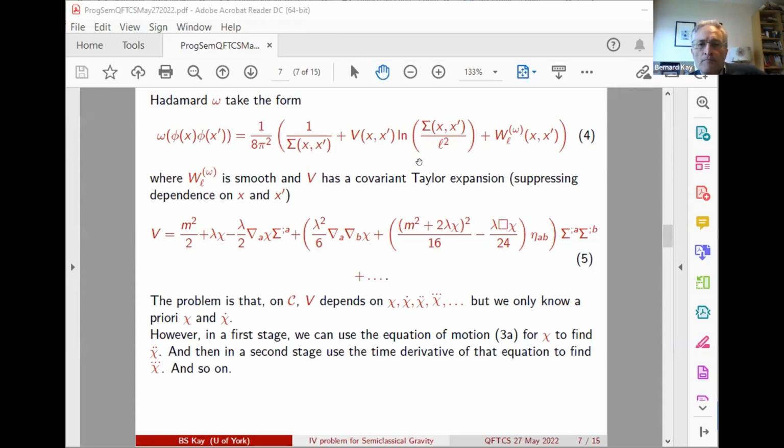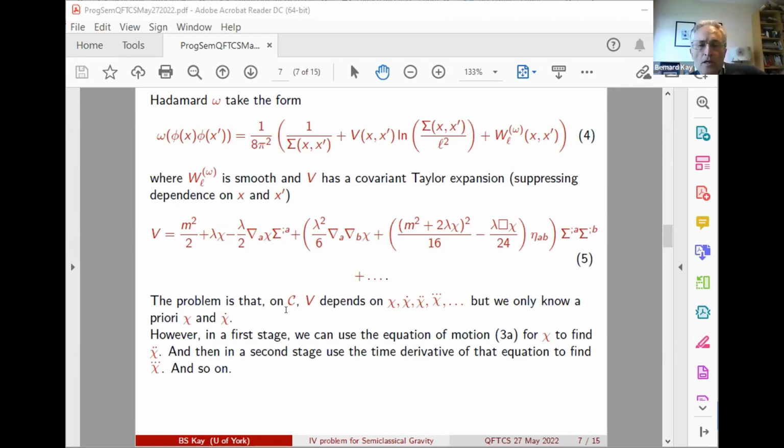And this coefficient V of the logarithmic term has a covariant Taylor expansion in chi. I'm suppressing dependence on x and x prime, so all the terms here are just functions of x, except for sigma, whose derivatives appear right in this bit and this bit, and that's a function of x and x prime.